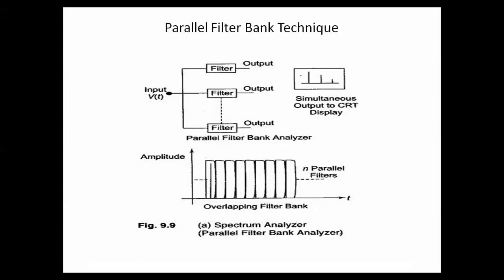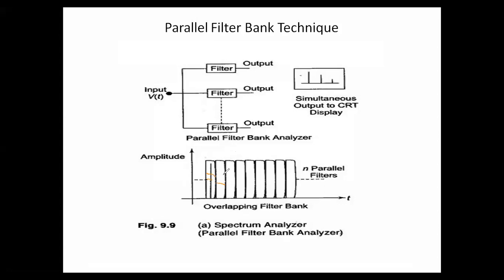Here we will design the filters in such a way that they cover the entire frequency range, each one having a small bandwidth. Assume this is filter 2 having a bandwidth, and this is filter 1 having a bandwidth.